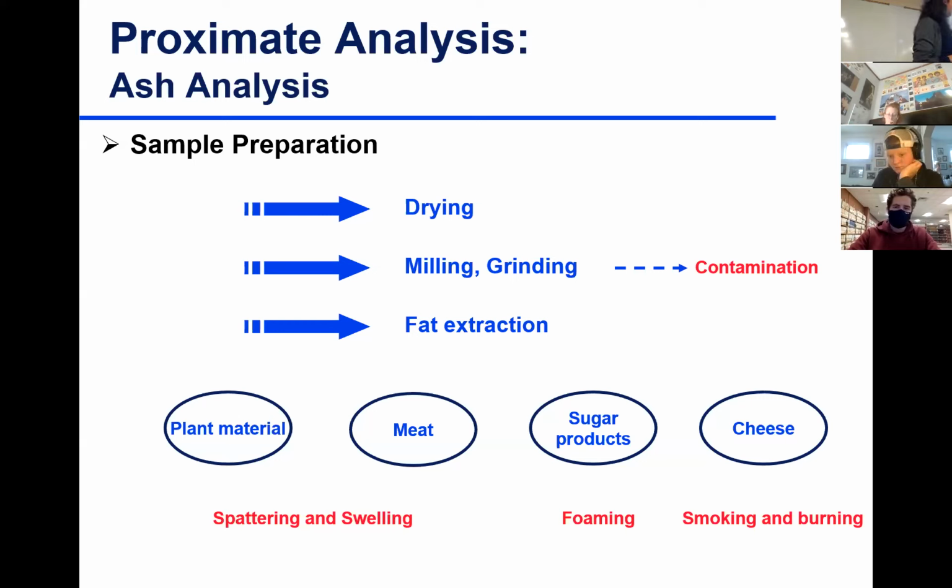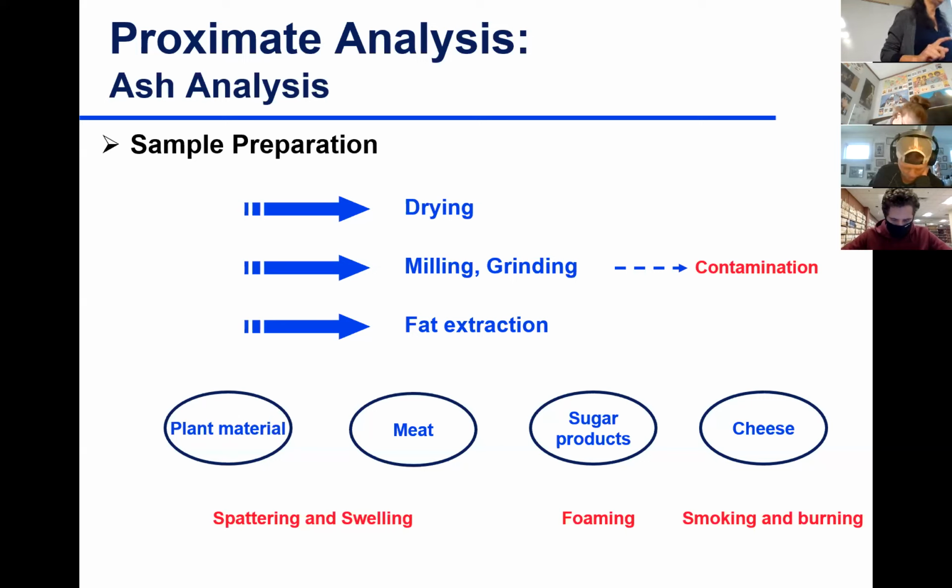Sometimes if we have high fat samples, if you have the capability to do that, you extract the fat, measure the fat content, and determine the ash on a defatted sample. That also can happen for, let's say, meat. You dry the meat, you defat the meat, and what's left, the residue, you determine the ash content in that residue.